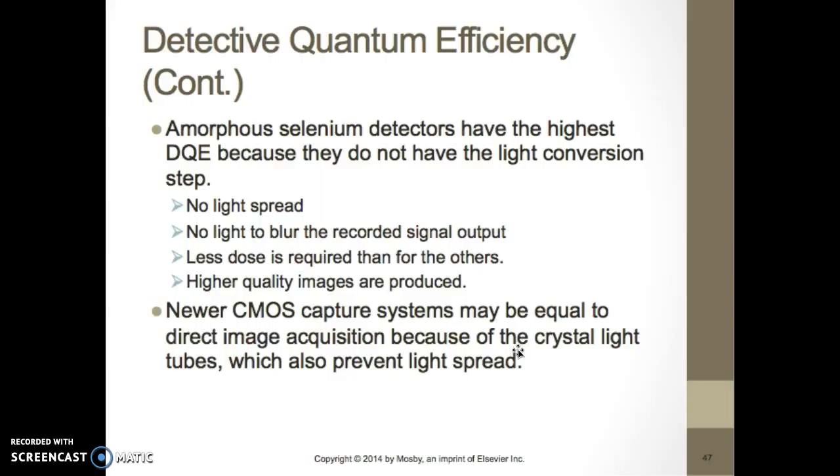So there's no light spread, no light blur to the recorded signal output. Less dose is required than for others, and higher quality images are produced. Newer CMOS capture systems may be equal to direct image acquisition because of the crystal light tubes, which prevent the light spread.